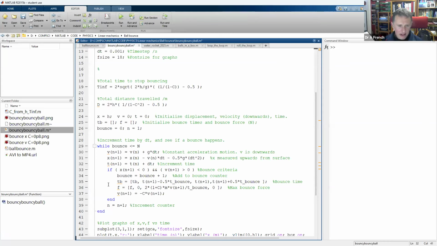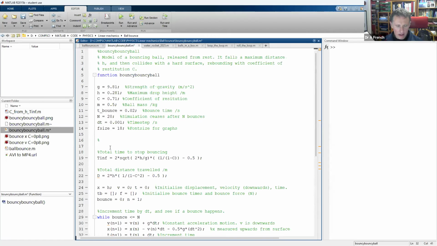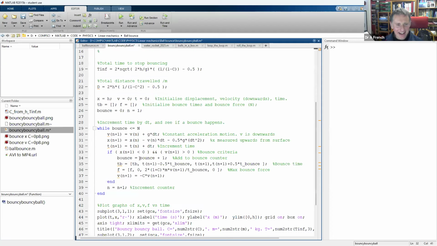So what are we going to do about that? Well, when you think about it, if we work out what happens next, and remember, we're nibbling away at our displacement, it starts off at h, which in our case is 0.281 meters. If the next displacement is negative, obviously that has no reality, because you can't move through the force plate.